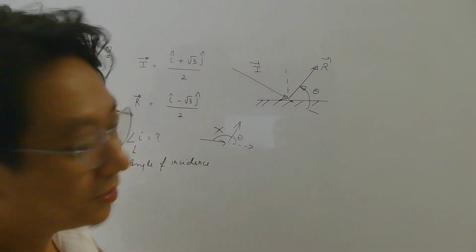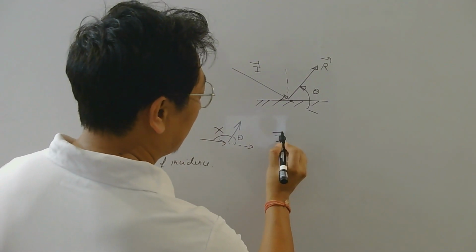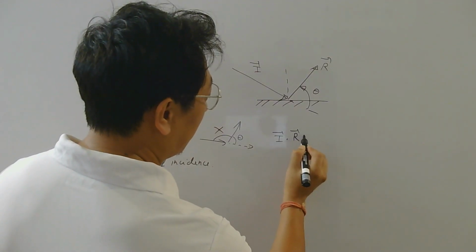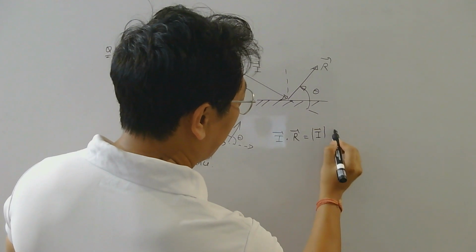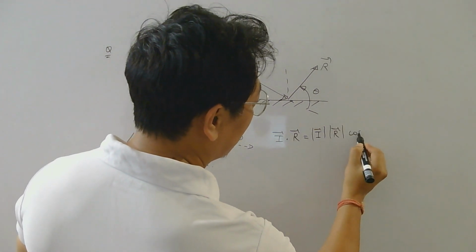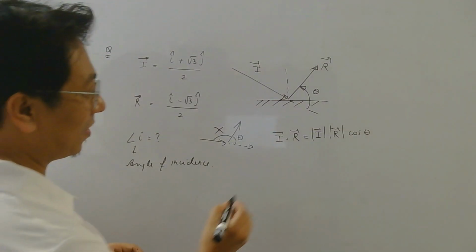Now from vector study we know how to find the angle between two vectors. So I bar dot r bar, if I take, it will be the magnitude of the first vector, magnitude of the second vector, cos of the angle between them. That's how the dot product is defined.